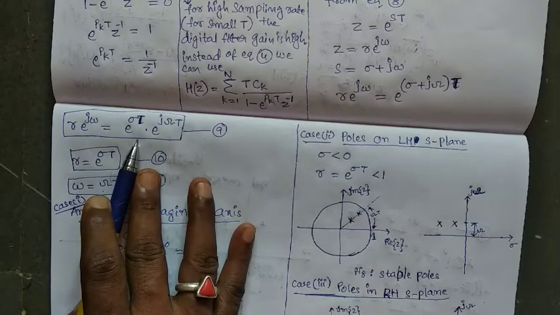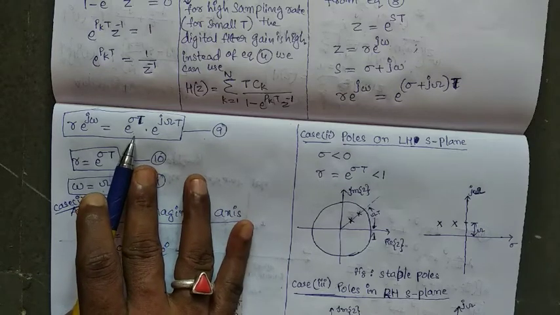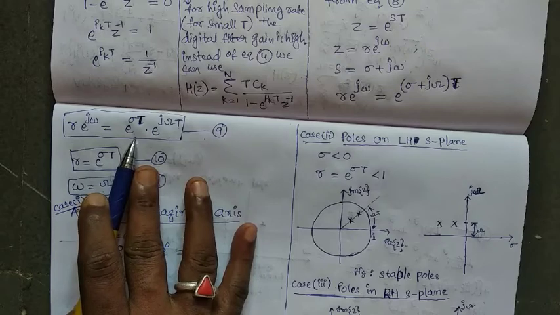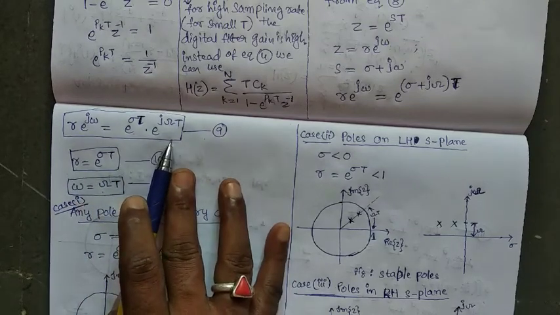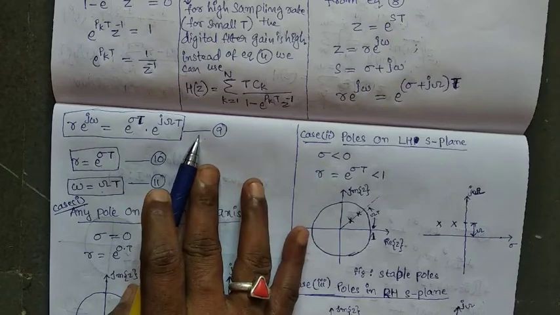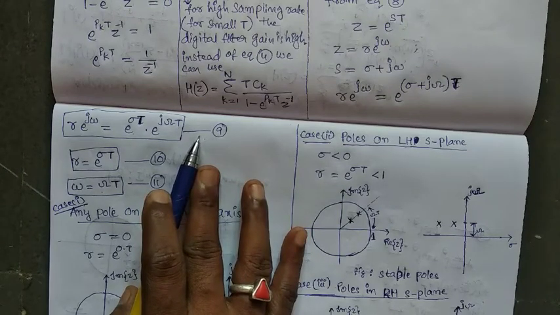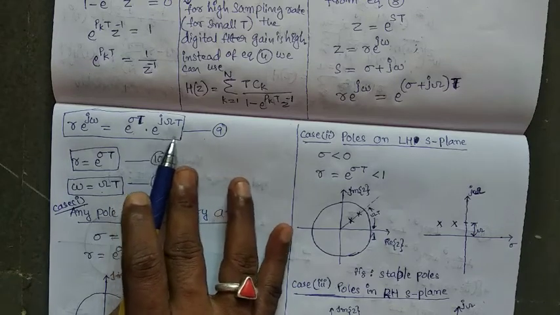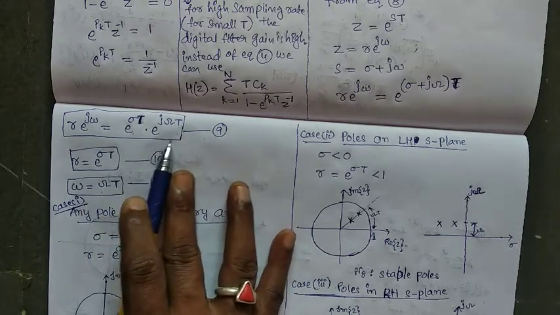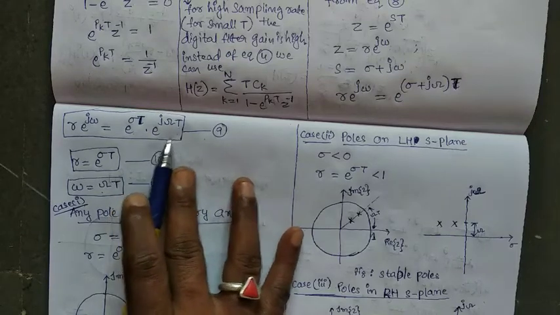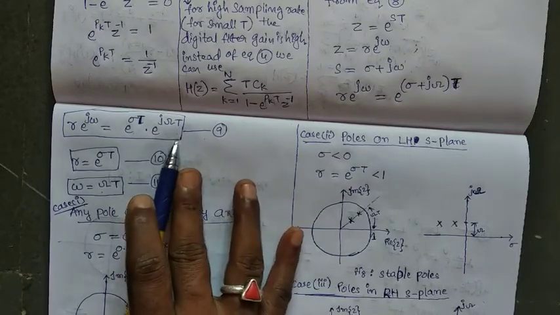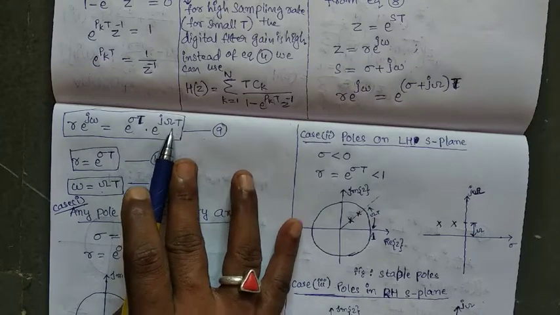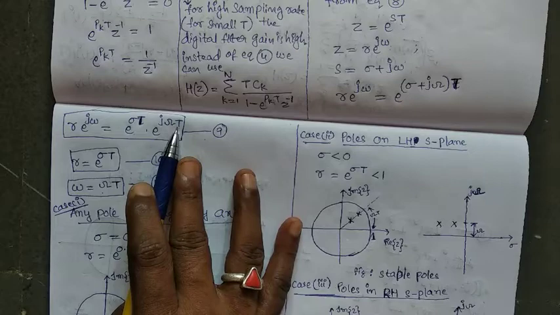It is a real number, and the phase angle is 0. Similarly, the second term in equation 9 is e power j omega T. What is its magnitude? 1, unity. What is the phase angle? The phase angle is omega T.